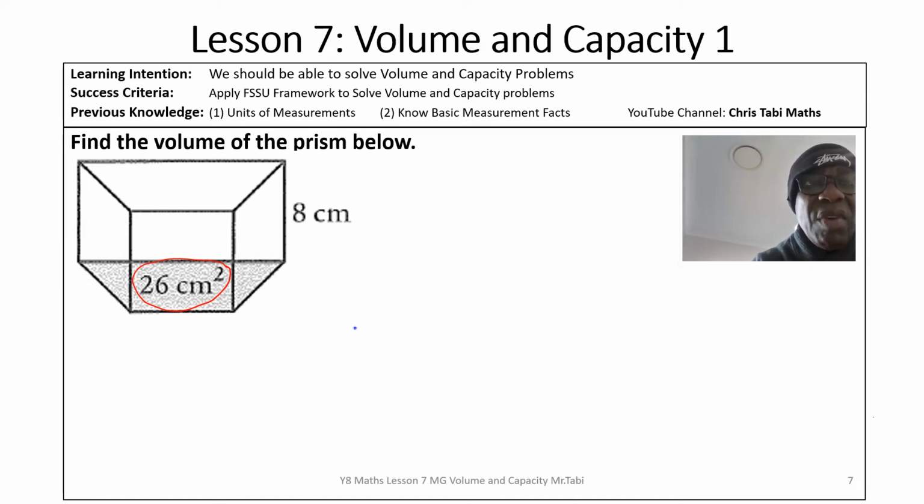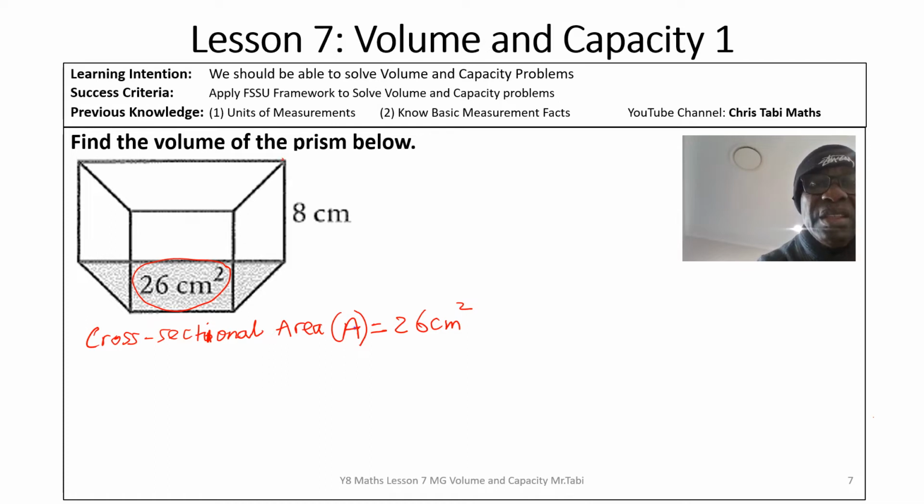So again, we can write down cross-sectional area A is equal to 26 square centimeters, and that will be the height H equals 8 centimeters.